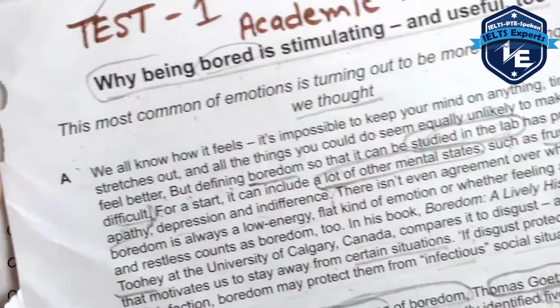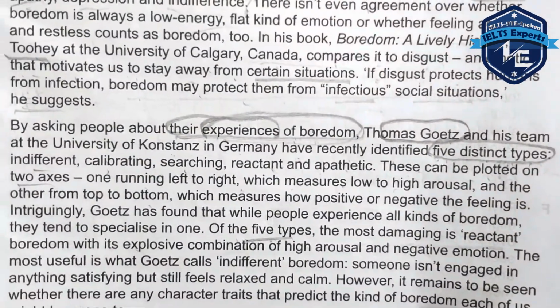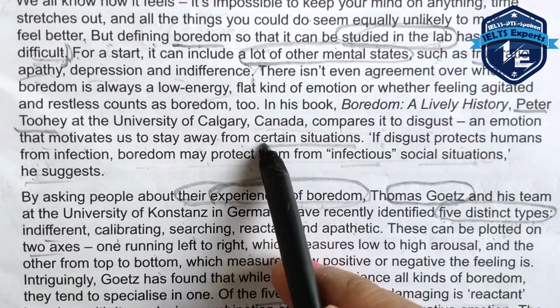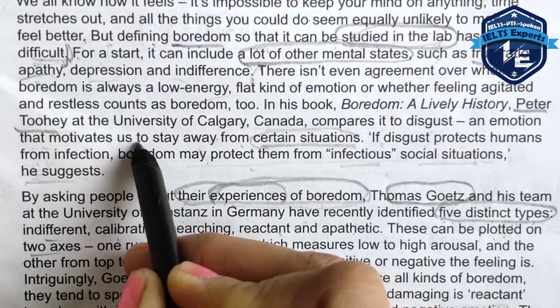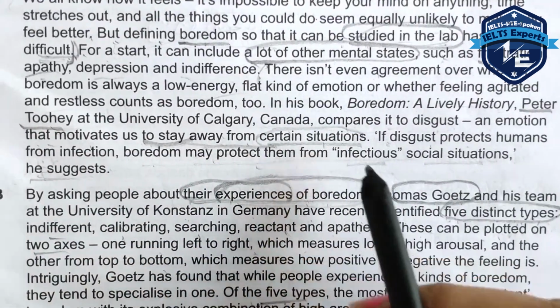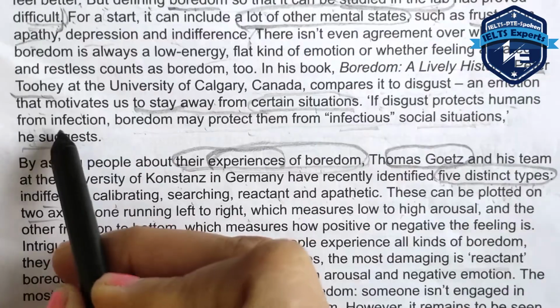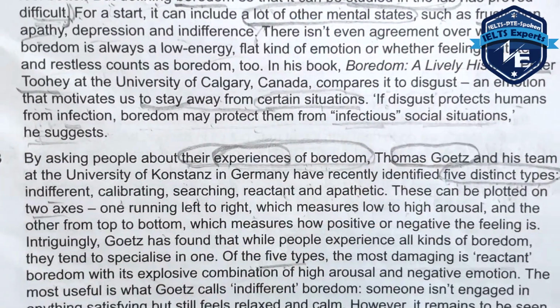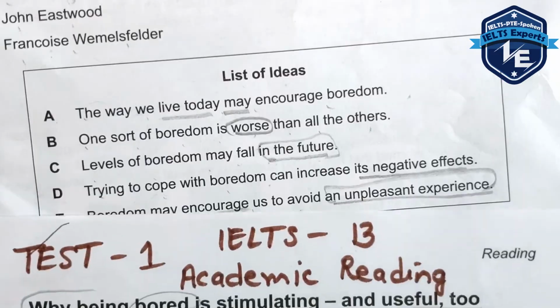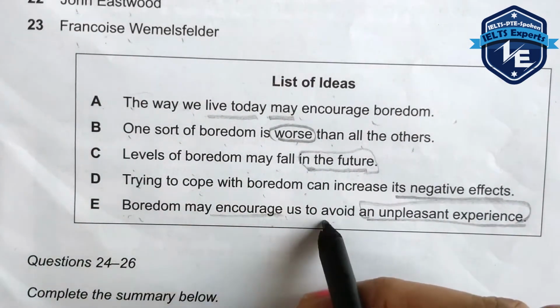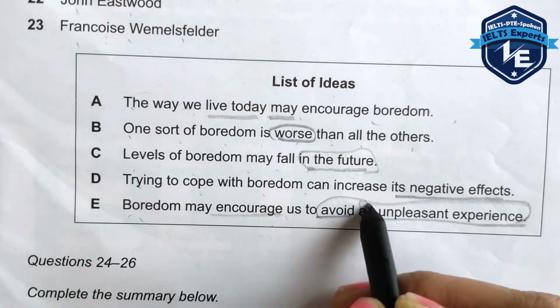What is the unpleasant experience here? It is to stay away from certain situations. What are these certain situations? Protects humans from infection. Boredom may protect from infectious social situations. In this way, we have got the option, boredom may encourage us to avoid, as I showed you.